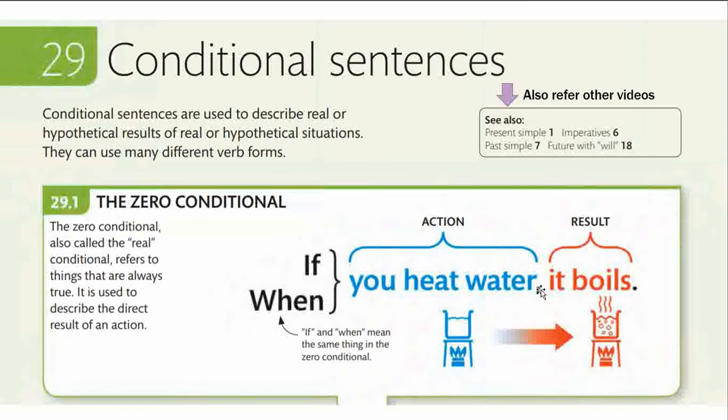After the conditional clause a comma is added, and then is the independent clause. Both if and when are used interchangeably and mean the same thing in zero conditional, but if is said with possibility, and when is said with surety. When you heat water, it boils.